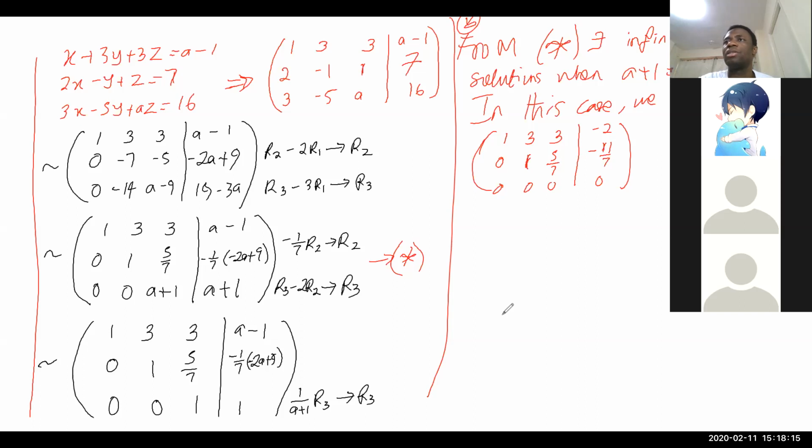And the last question, show that there is a unique solution for other values of A. So then we can go back to this. Okay, so I can call this double star, asterisk, double asterisk.